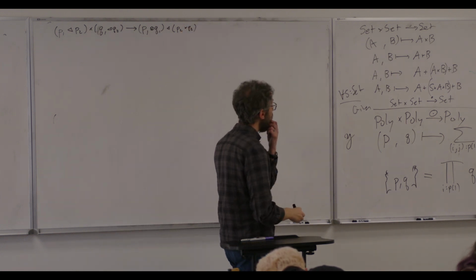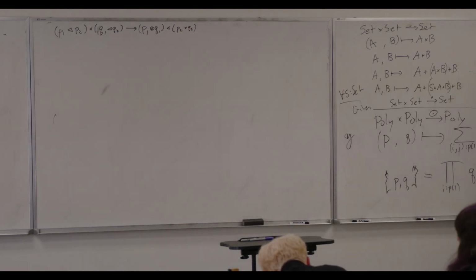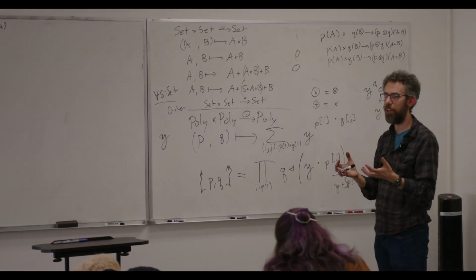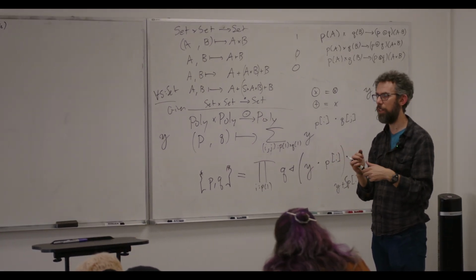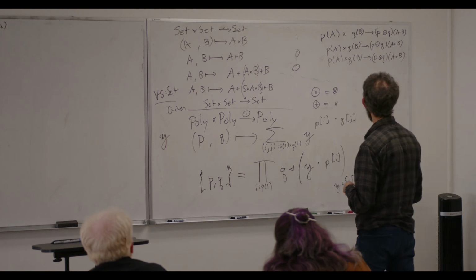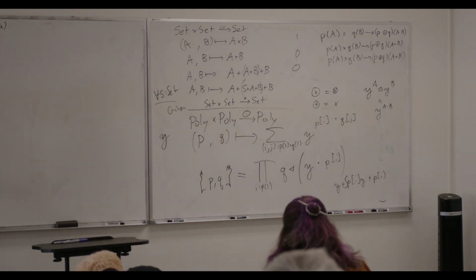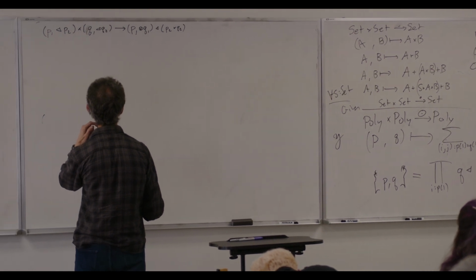So what I'm saying here is, here A and B were sets, but I could have gotten those sets from applying a functor.